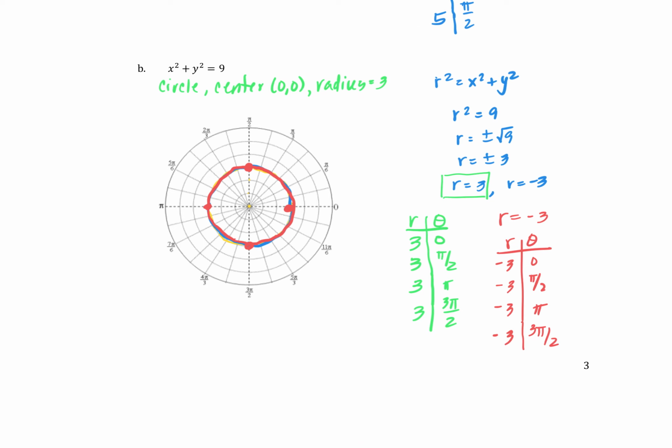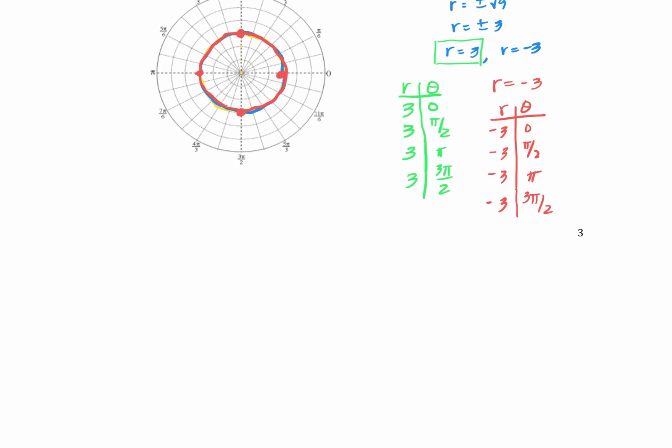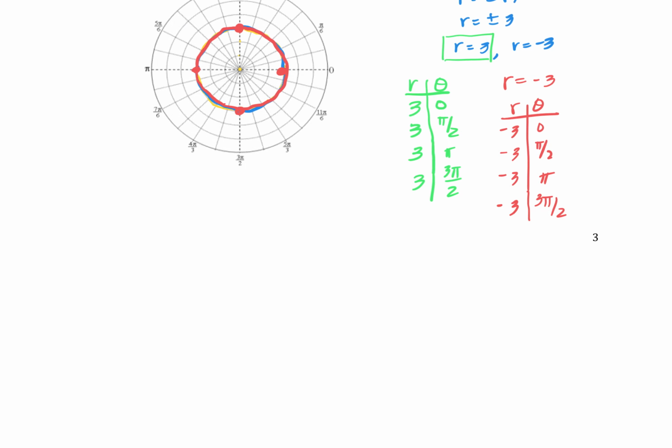So the question is, what if you didn't see that you could replace the x squared plus y squared with r squared? So I'm going to just quickly say, okay, well, we had x squared plus y squared is equal to 9. So if x is equal to r cosine of theta, and we're squaring it, so this would be x squared, plus y squared is r sine theta.